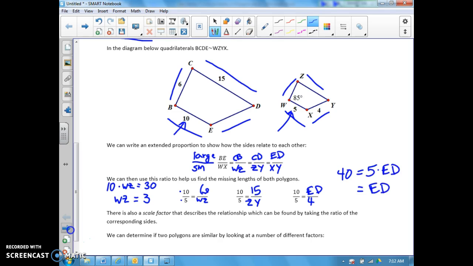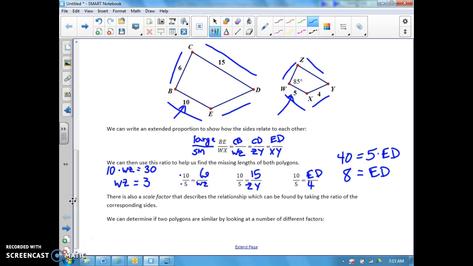So, ED must be 8. We also can say that there is a scale factor that describes the relationship, which can be found by taking the ratio of the corresponding sides. So that 10 over 5, if I reduce that, I get my scale factor, which is 2.